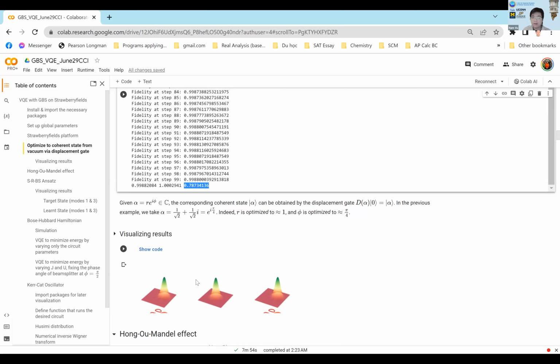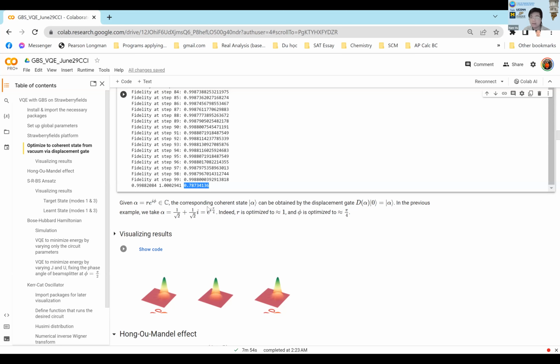In the middle is the initial state that we are starting at, the vacuum state, and on the right is the optimized state, or the output state with the optimized parameters. You can see that the figure on the right is supposed to be as similar to the figure on the left as possible.